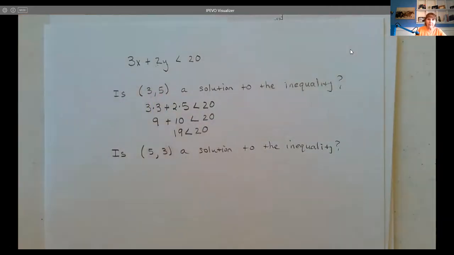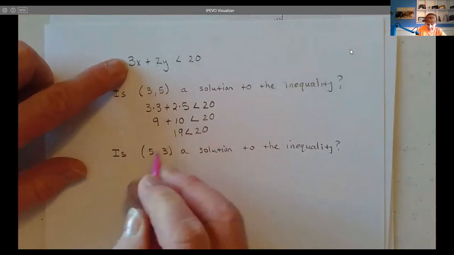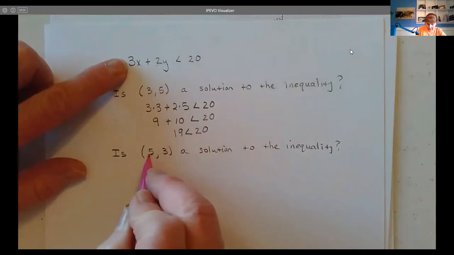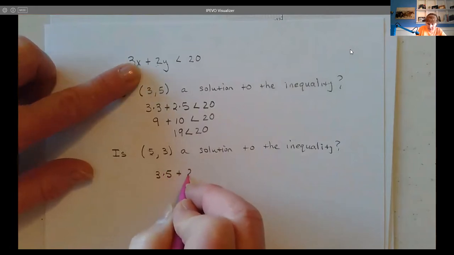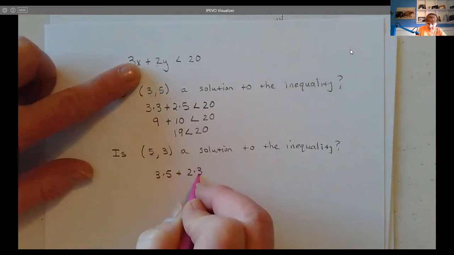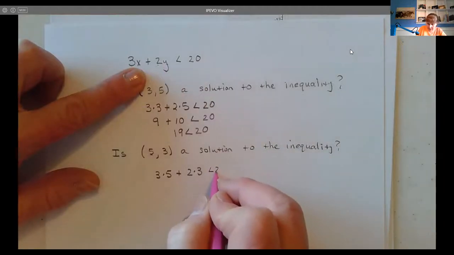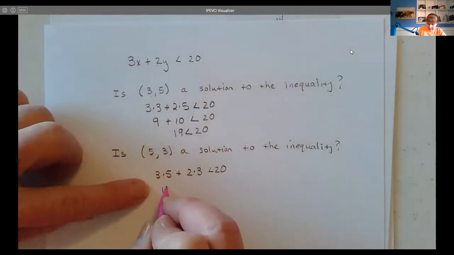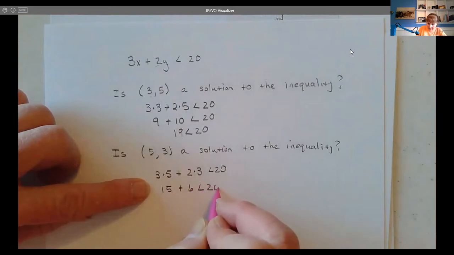Let's just swap them. Does it matter if you swap these? Now the x is 5. These are in alphabetical order, x, y. So 3 times 5 plus 2 times 3. Is that less than 20? Is 15 plus 6 less than 20?